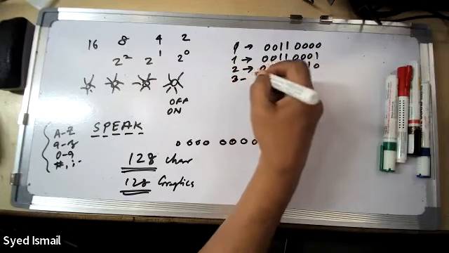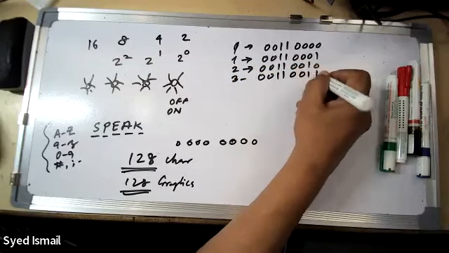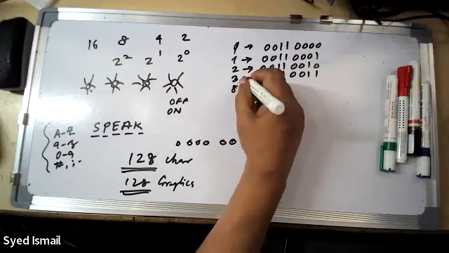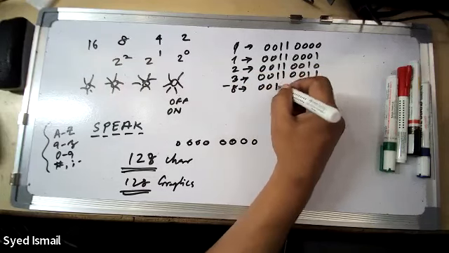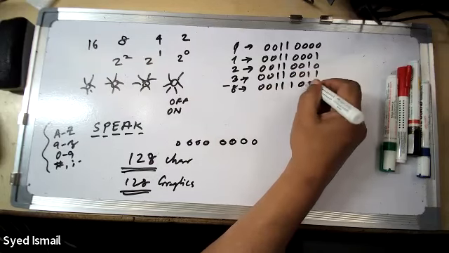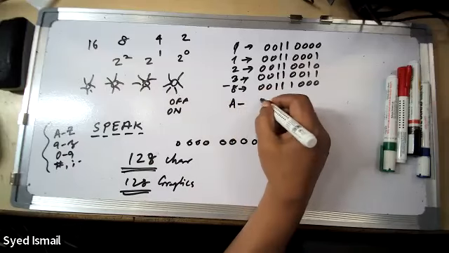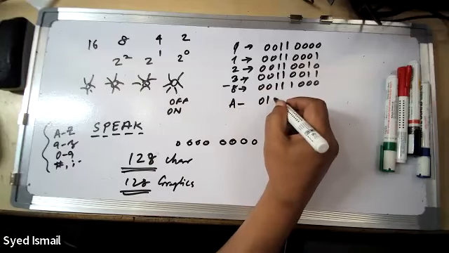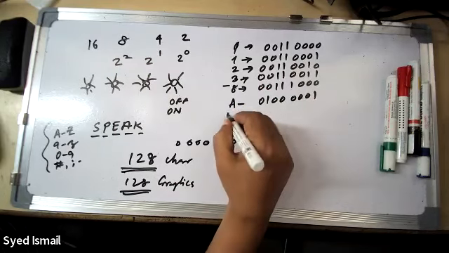And I want to put 3. This is important, very easy. Only once you have to understand this. I want to write 8. I skip here. And I want to write A. I want to write B.